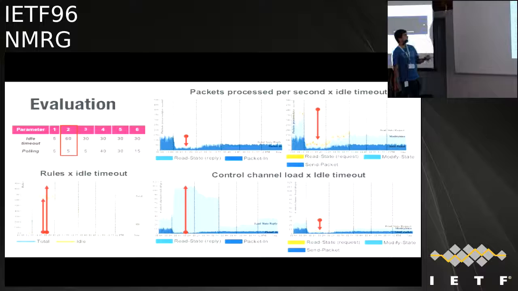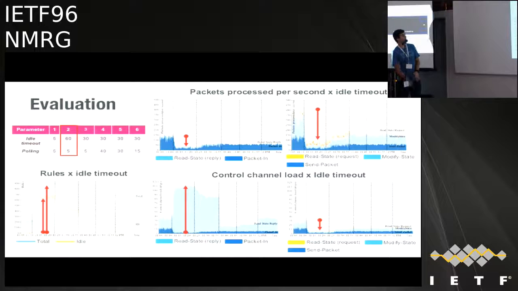And we can see that the traffic that goes to the controller, related to the monitoring, also grows, because this traffic is related to the amount of rules that we have in the network.